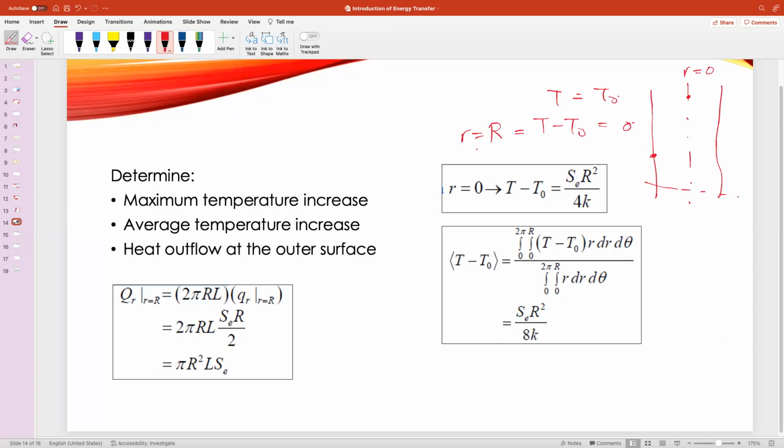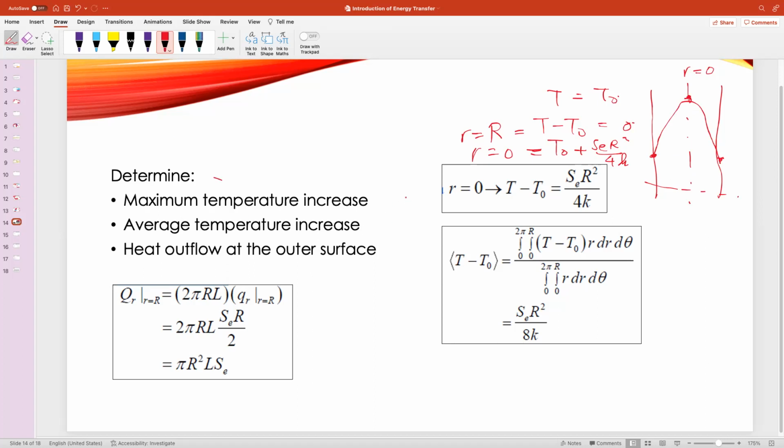However, when R equals 0, that would be the highest temperature, which is T0 plus SE R squared divided by 4K. So your temperature profile inside the electrical wire would be parabolic, because it's R squared. It's going to be very hot in the middle, but on the surface it will equal T0. So that is the maximum temperature increase.